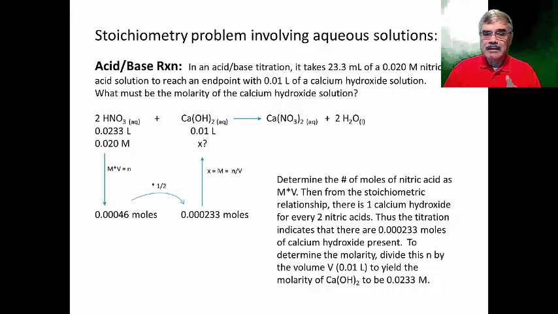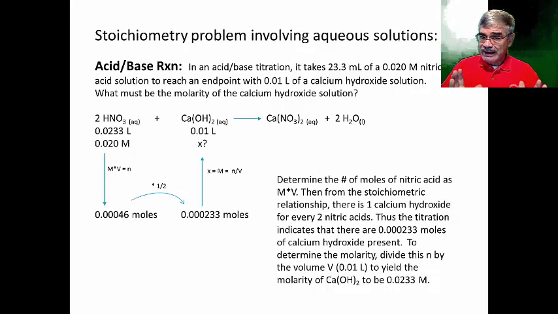Oh, I have to go back up and look at the stoichiometric ratios. 2 nitric acids react with 1 calcium hydroxide. So this number of moles of nitric acid will react with half as many moles of calcium hydroxide. That is, I multiply by the ratio 1 to 2, the stoichiometric ratio. Or in other words, 0.00046 moles of nitric acid will react with 0.00023 moles of calcium hydroxide.